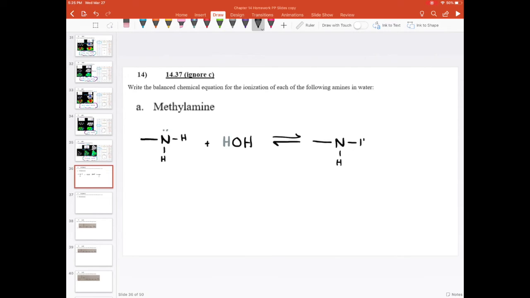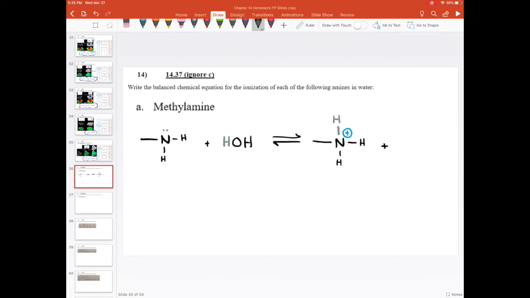We still have the methyl group at the left. We have the 2 hydrogens. That lone pair, though, is going to become a bond to the hydrogen that it accepted. So we showed it accepting an H. It also accepts a plus charge. Okay, so that's the amine.